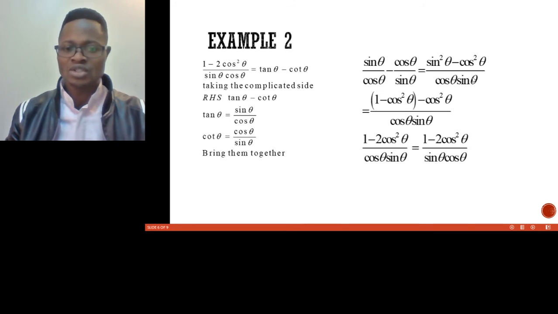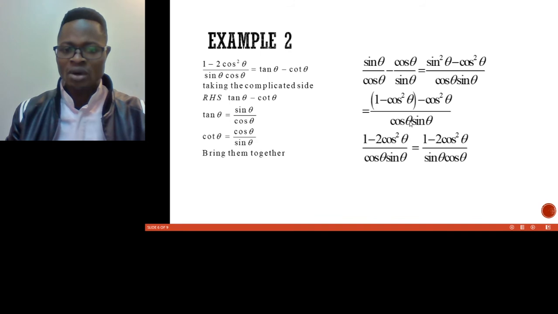And then we can try to do a bit of simplification so that we will have 1 minus cos squared theta minus cos squared theta over cos theta sin theta, because we are still dealing with our LCM. We have just simplified the numerator, and this is what we get.